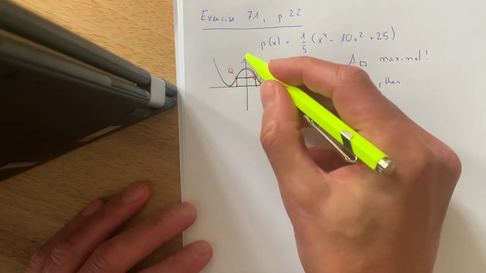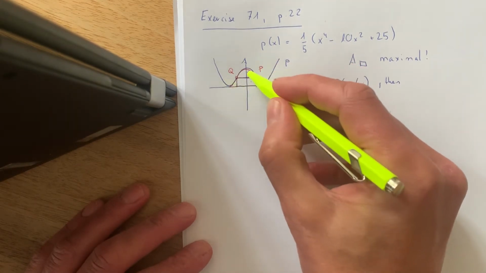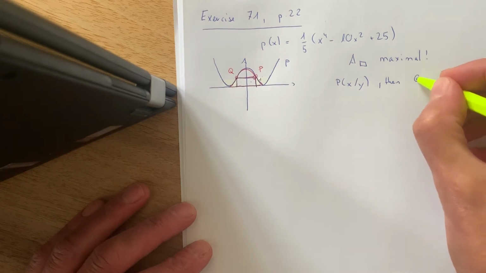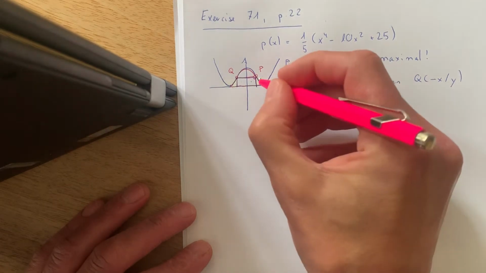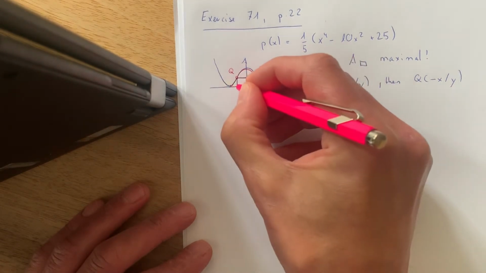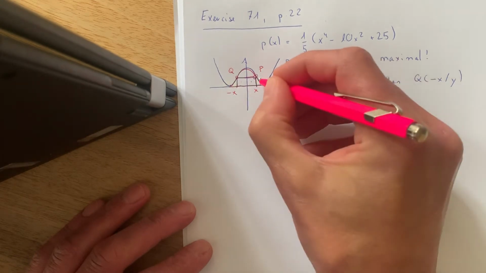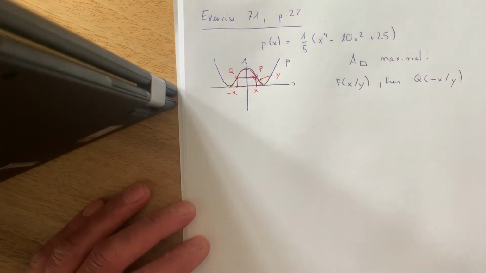Since this parabola is symmetrical with respect to the y-axis, Q will have coordinates minus x, y. So this here is x, and this here is minus x, and this side here is y.